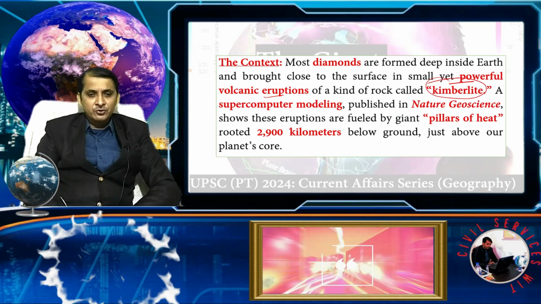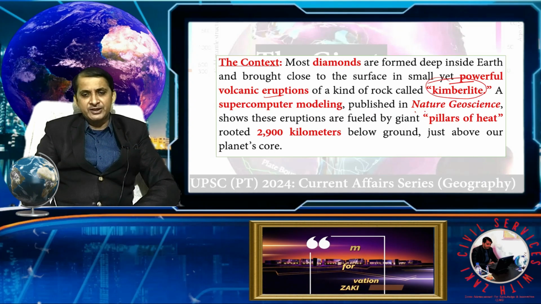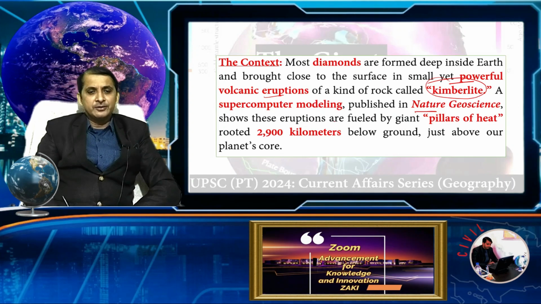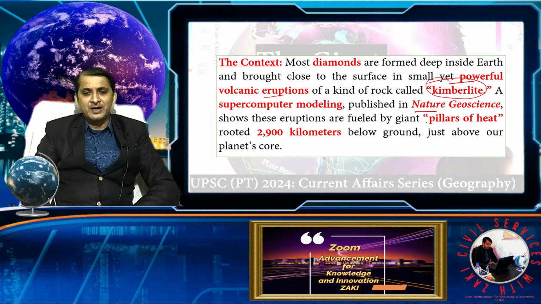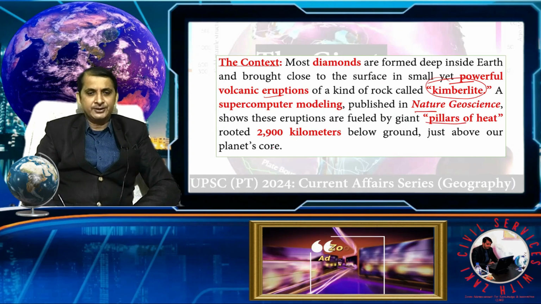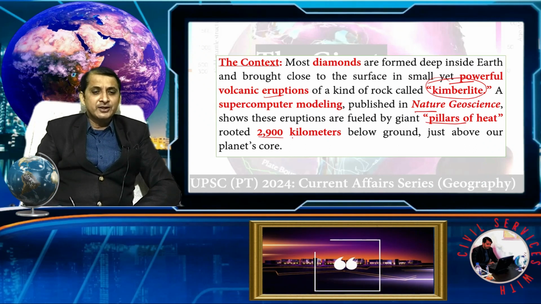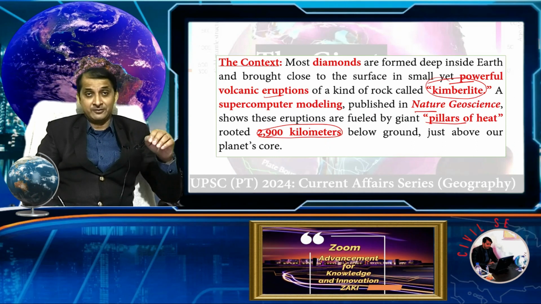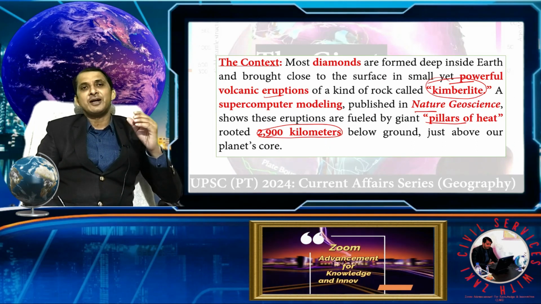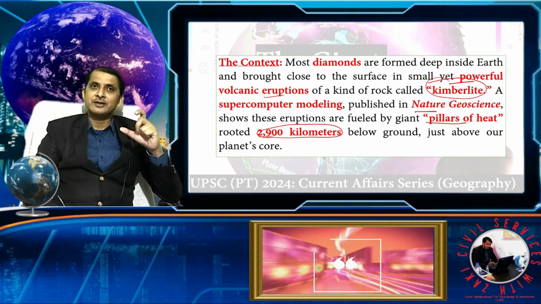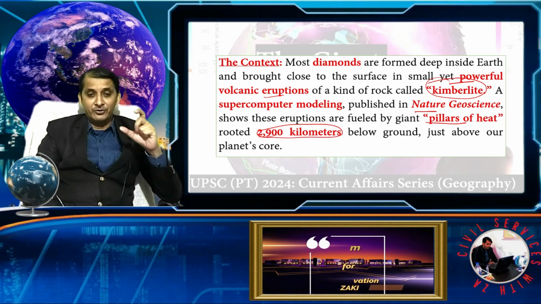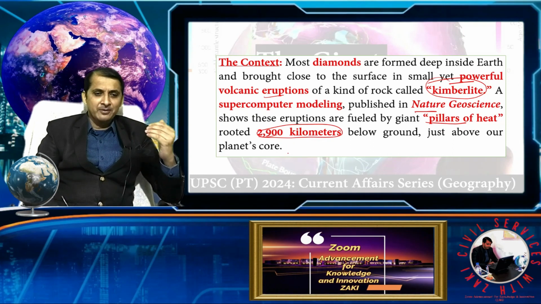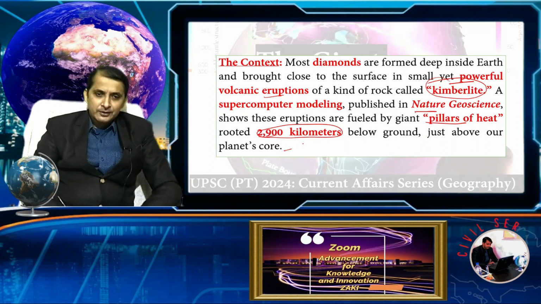A supercomputer modeling published in Nature Geoscience shows these eruptions are fueled by a giant pillar of heat rooted around 2900 kilometers below the surface. And 2900 kilometers is the mantle-core boundary, just above our planet's core.